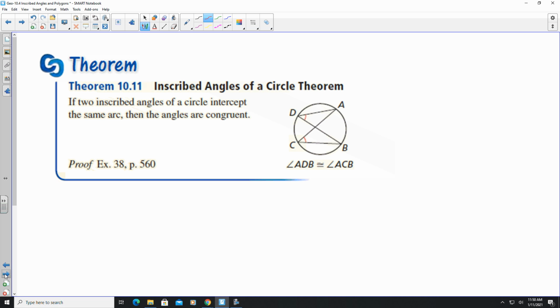So if you have two inscribed angles of a circle intercepting the same arc, which we did, then those angles are congruent. So if you notice that ADB, they share this same arc with ACB, and that means that those angles are the same. Okay.